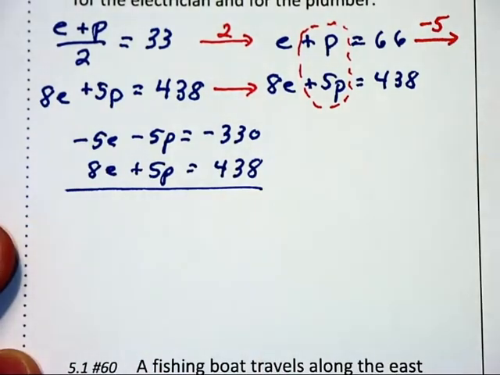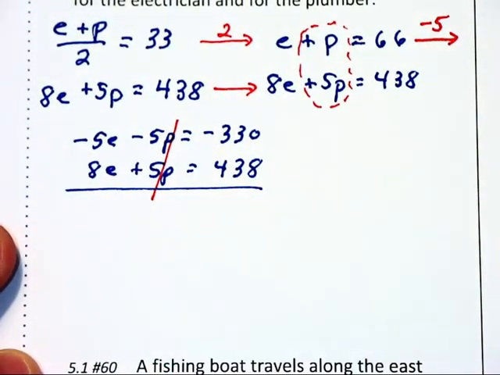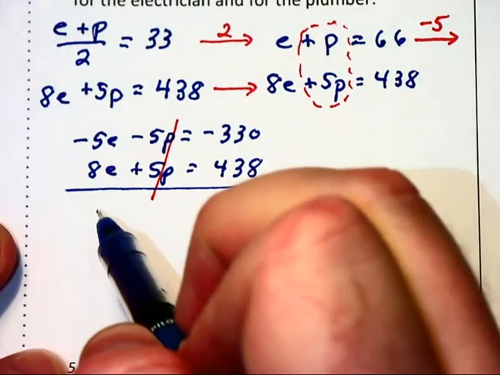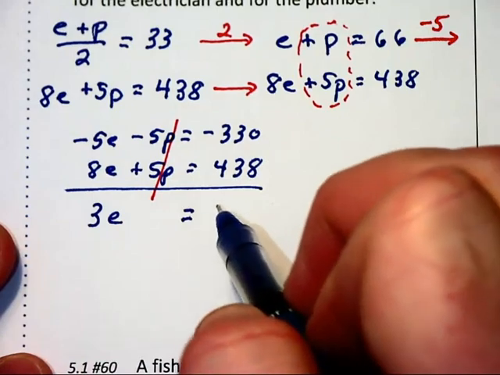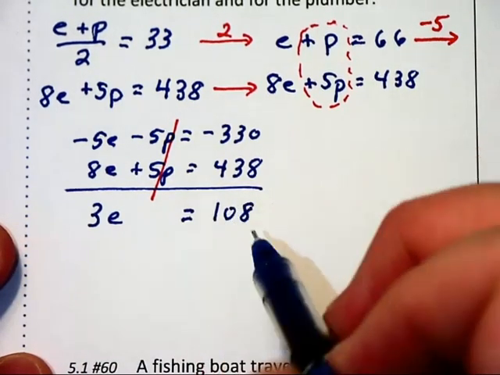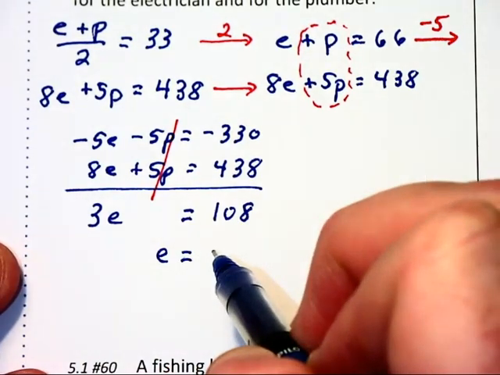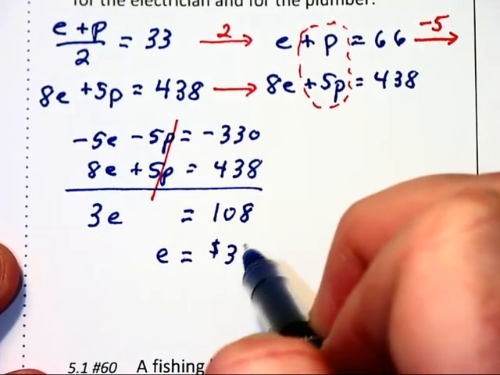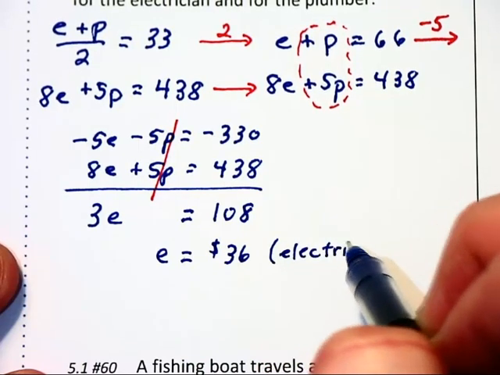Adding these two equations together, the 5P's cancel each other out as we had planned, and we have 3E is equal to 108. Therefore, dividing each side by 3, we find out that E is going to equal $36 per hour, and that will be for the electrician.